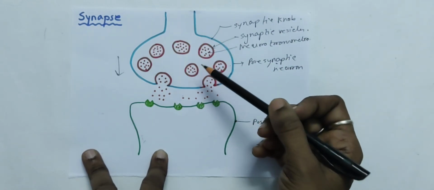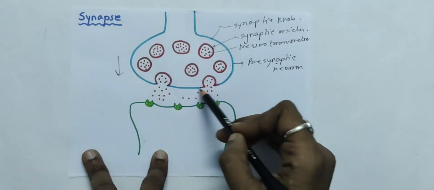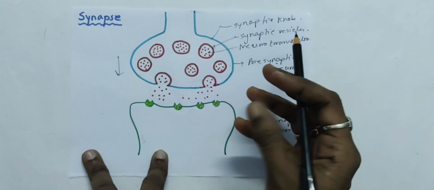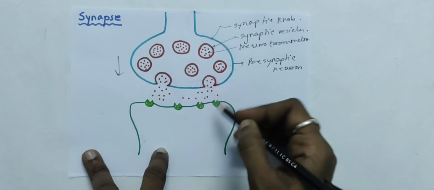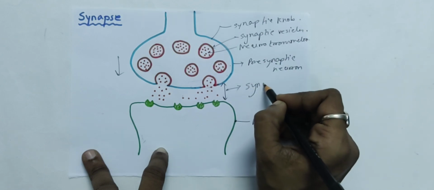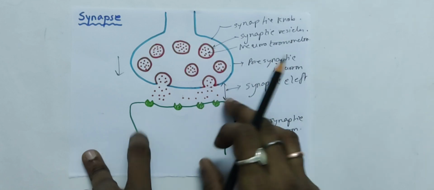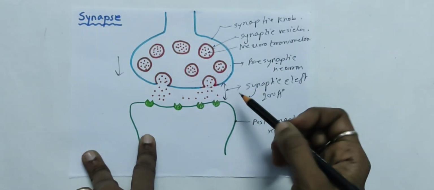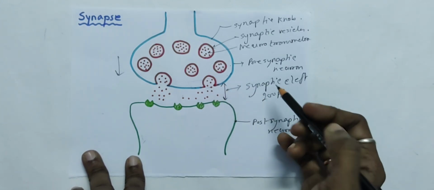Whenever the impulse comes, these vesicles get excited and gradually come to the surface of the membrane, and by exocytosis the neurotransmitter is released into the space between these two neurons. This space is called the synaptic cleft, the gap between two neurons. The distance between these two neurons is about 200 Angstrom.